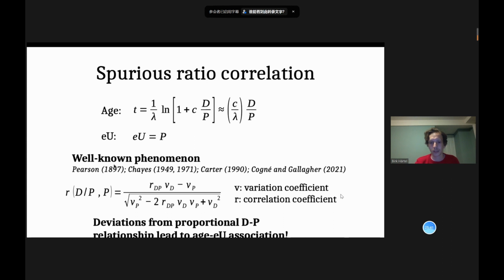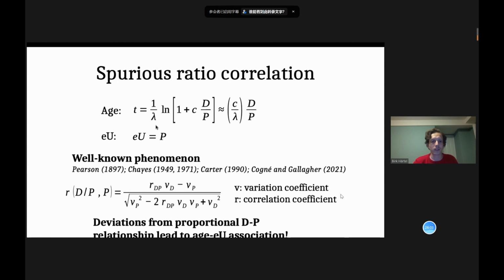which is actually a very well-known phenomenon in statistics, dating back to more than 100 years that people have already thought about it. And there is actually a formula by Karl Pearson which relates a ratio, or a number that is the same as a ratio, to its own denominator. Why is that interesting?